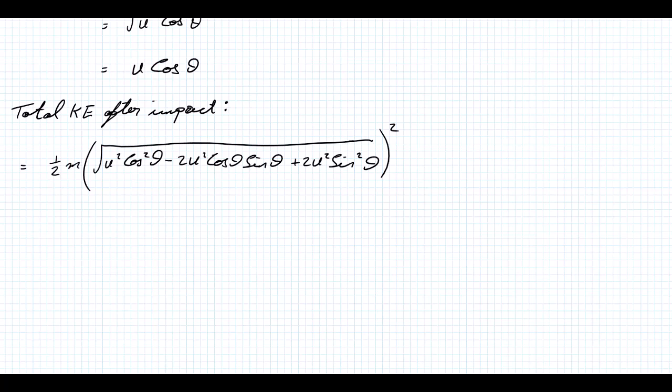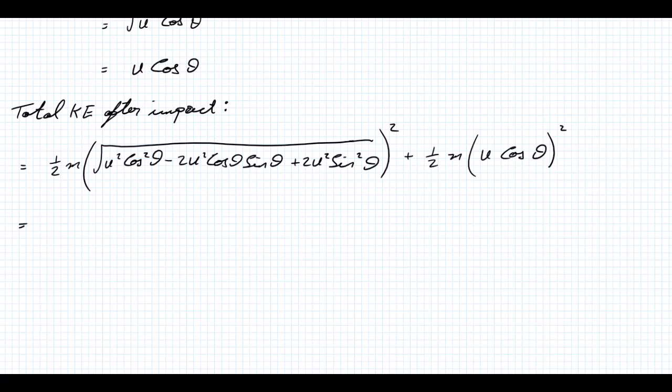So that was the magnitude of the velocity of p. Now we've got to look at q, so it's plus half m v squared, so that was u cos theta squared. Okay, so let's just try and simplify this entire thing.